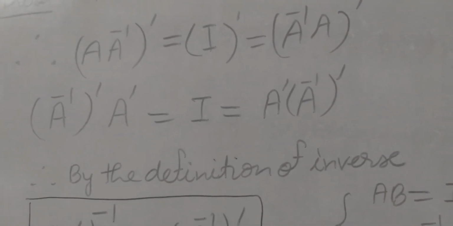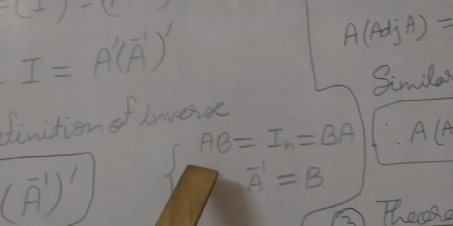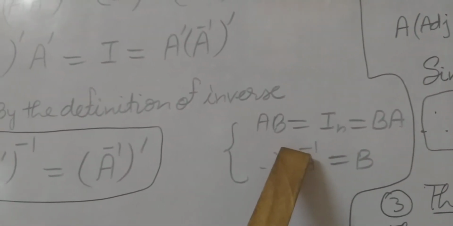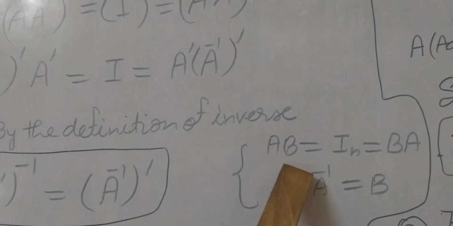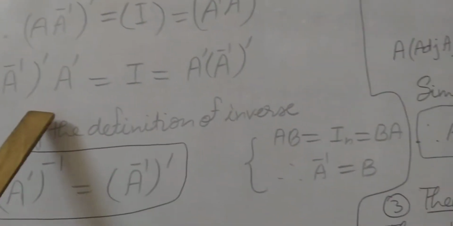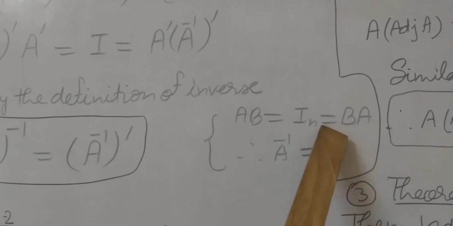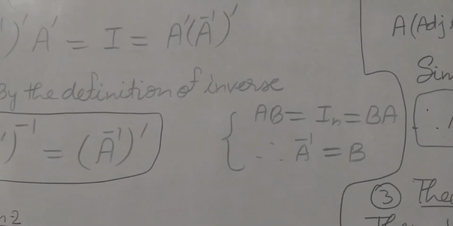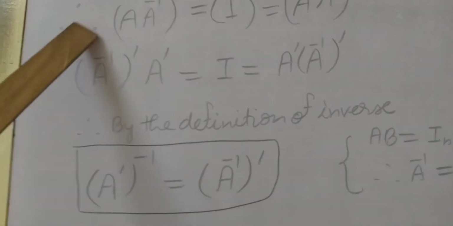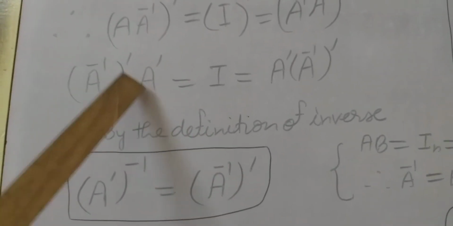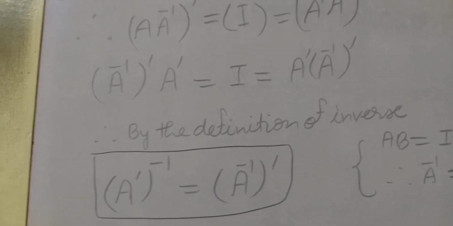Now students, this step and this step, both will be compared. Then you can see, AB equals I_n equals BA, then A transpose equals B. Similarly students, here you can suppose this is A, this is B, AB equals I equals BA.